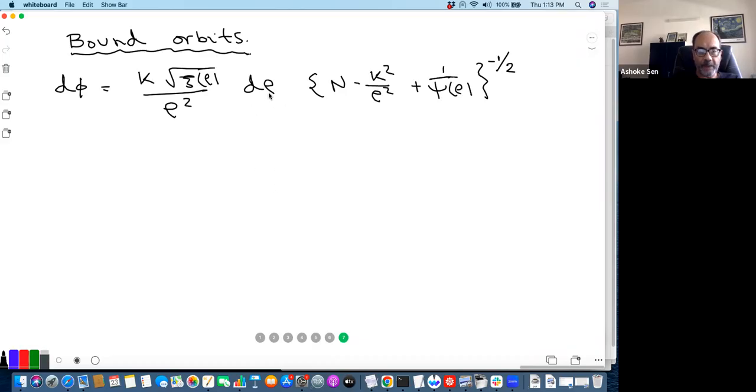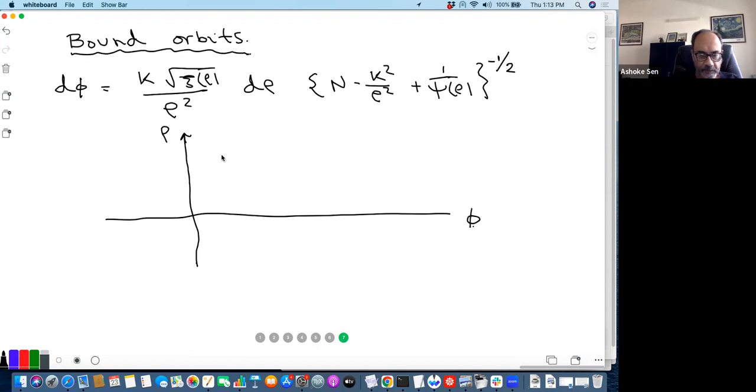If the orbit is bound, that means rho takes values in a finite range: some minimum distance, some maximum distance. So you expect that the plot of rho versus phi will be some oscillatory function like this.